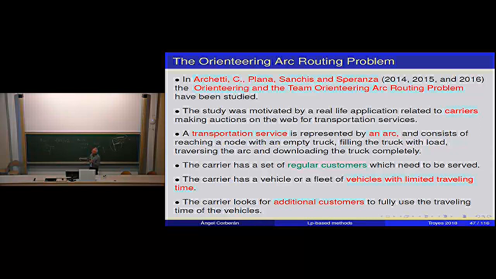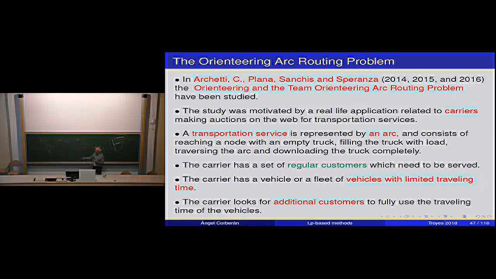Very basically, we will represent a transportation service by an arc, meaning that we have to reach a node with an empty truck, and then this is a more simple problem. We have to go to a node with an empty truck, we take all the load there, and then we move to another place, and we deliver all the load that we transport.